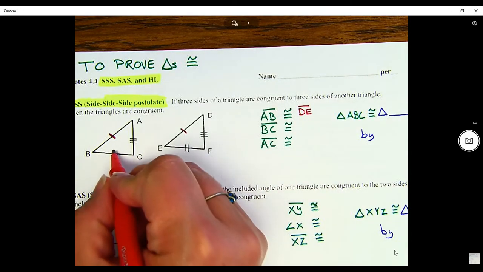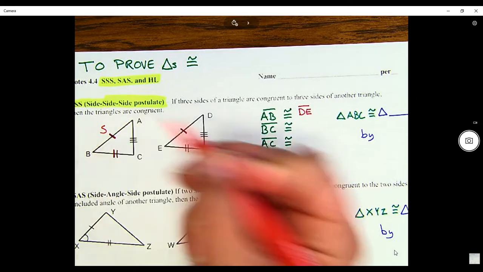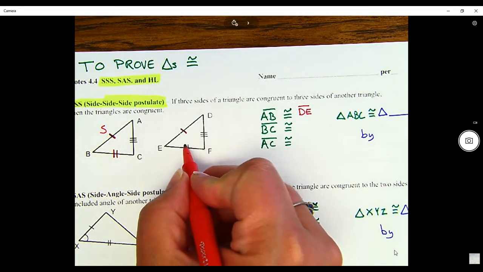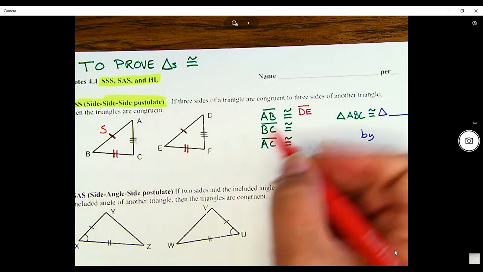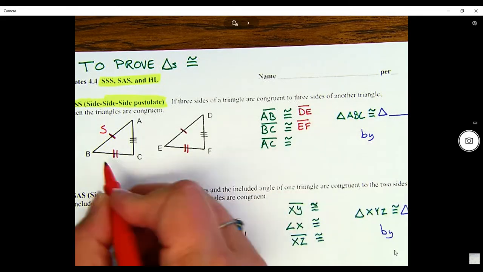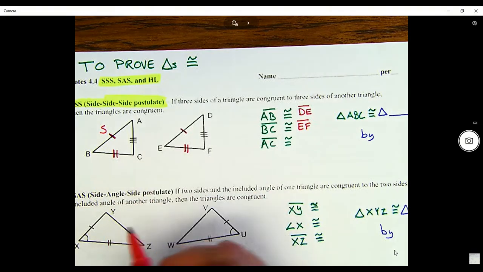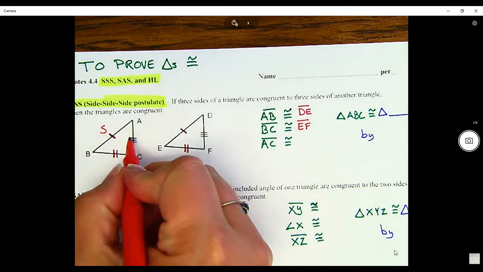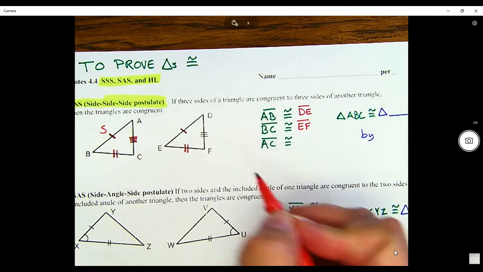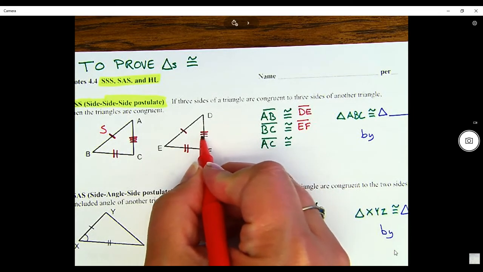Side BC on the first triangle is congruent to side EF on the second triangle, and I know this because they have the same number of tick marks on those sides. Side AC has 3 tick marks, and so it is congruent to side DF on the other triangle.